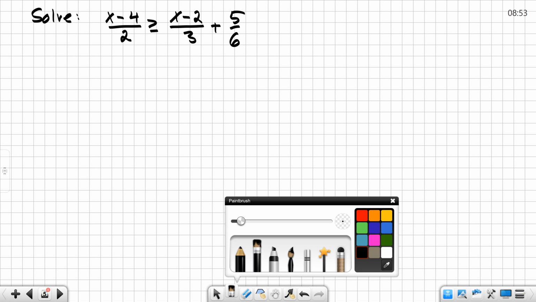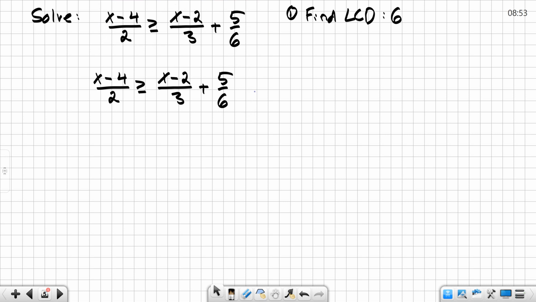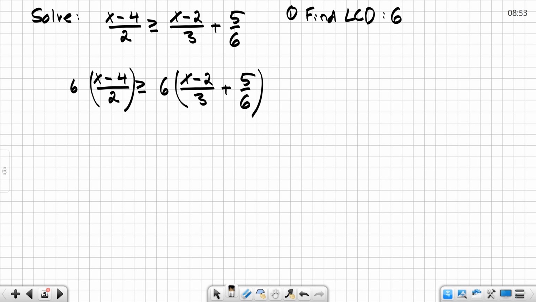So just like in the last example, we are having fractions. So what is the first thing that we are going to do? Find the LCD. Now in this case, between 2, 3, and 6, it is fairly simple to see that 6 is the least common denominator. So, exactly as before, I will take my inequality and I will multiply both sides by 6.